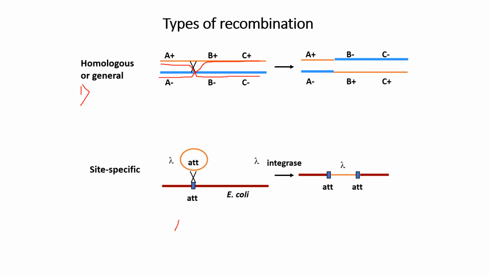So here they have a very small homologous sequence, and that sequence is known as POP dash and BOB dash, and this O has the homologous sequence, and this is the way by which the lambda gets integrated into the bacterial chromosome. Okay, so these are the examples where we can find homologous recombination as well as site-specific recombination.